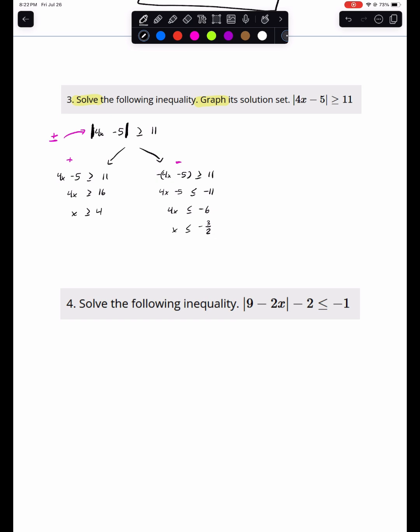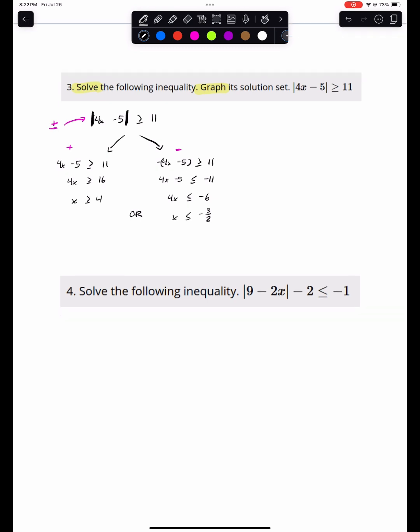Okay, so this is a big or, right? Because it can't be in both. Yeah, we're gonna put or, right? So, sorry, let me move this down. So right here, this would be our solution.